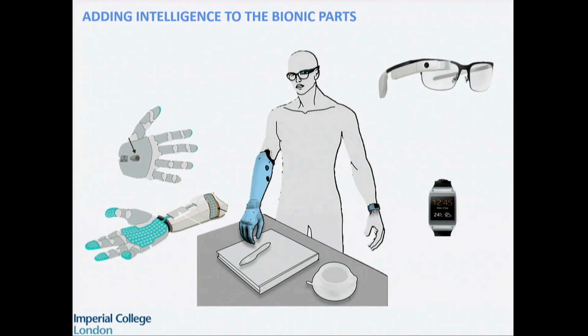We can, for example, put video cameras in smart glasses, and then this video camera will look at the environment, for example, a table, and with computer vision and computer algorithms, the microprocessor inside can study the environment, can be a sort of second brain in addition to the one of the patient, and can help the patient doing tasks that may be too difficult for him to do with a direct control from his brain.